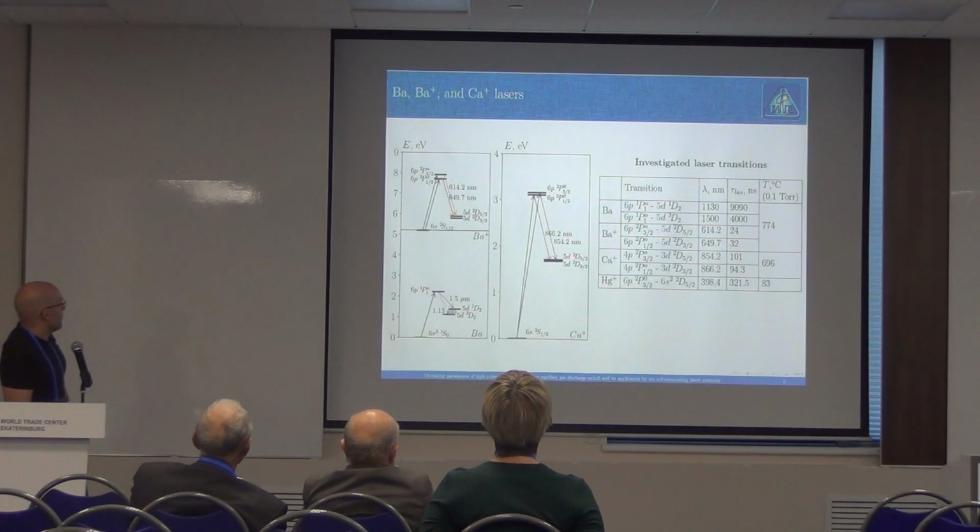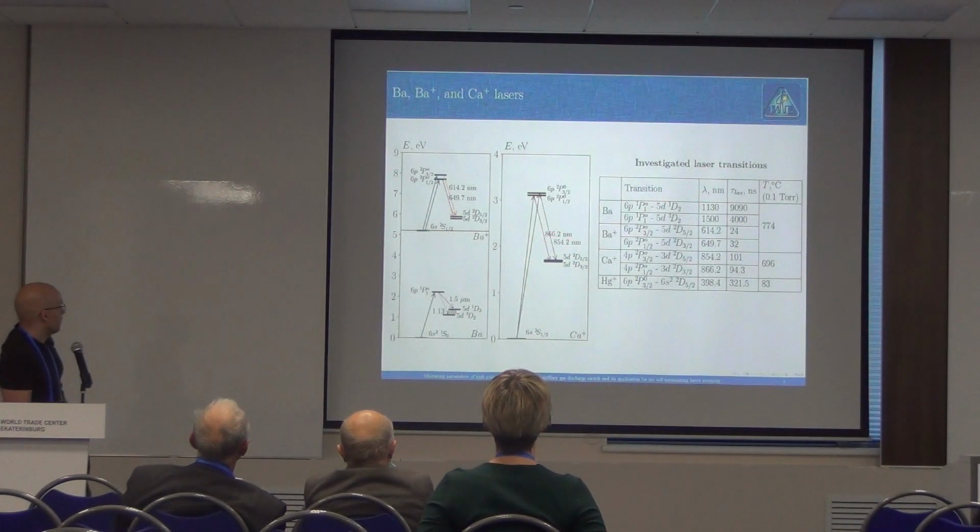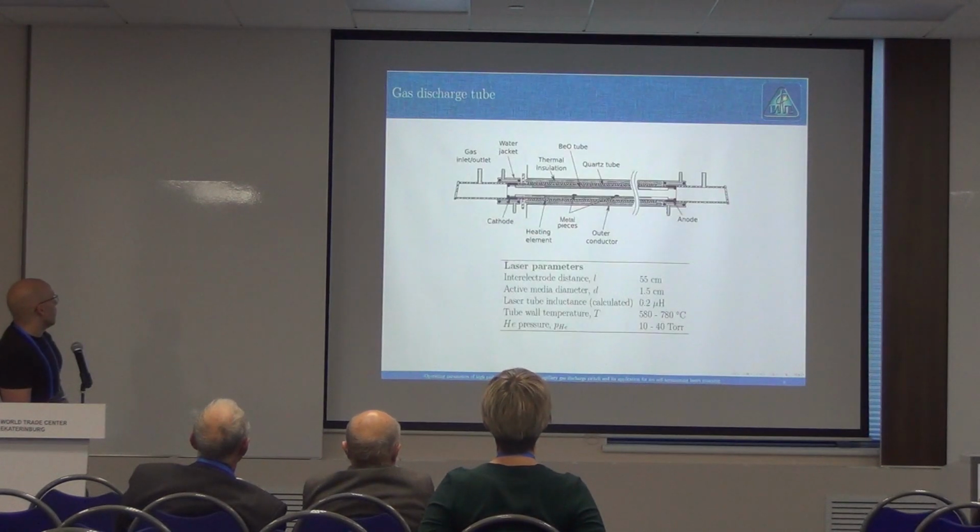We also present the energy diagram for calcium ion. It can be seen that it has two laser lines. We measured both of these. Here the gas discharge tube is presented.